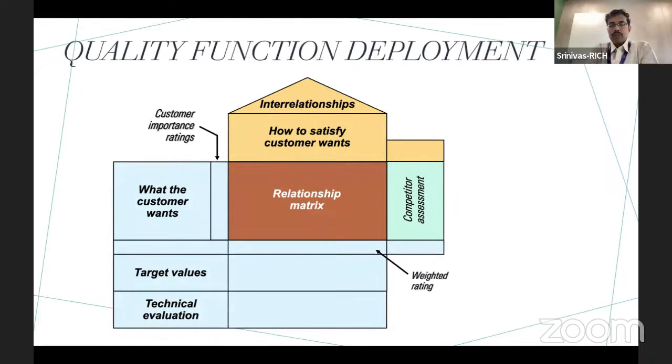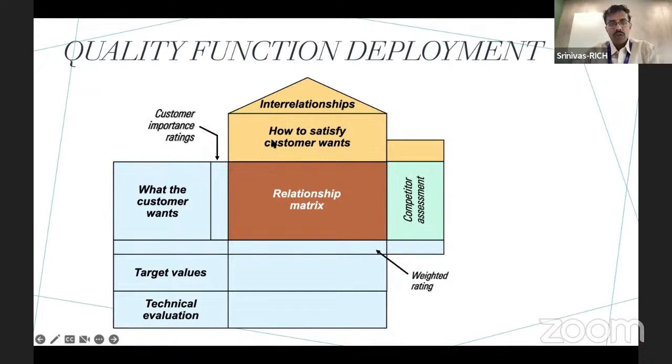So we use a classic tool for quality function deployment called House of Quality. Over here on the left-hand side, you have what we call the consumer wants. That is what the consumer has requested to be available in the product. So if I talk about this remote, a consumer might have wanted a mosquito zapper in this.